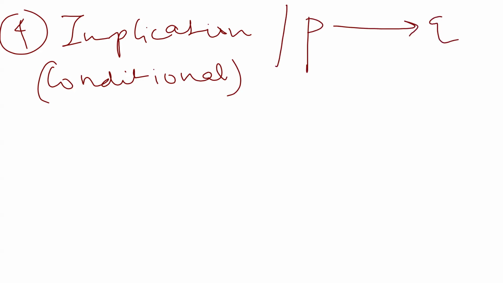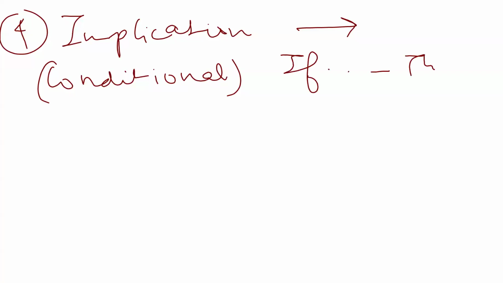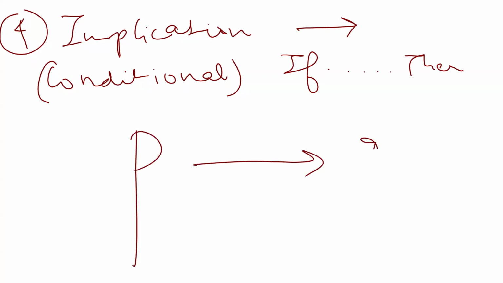And this is called P implies Q. So this is the sign for implication, one-sided arrow. Meaning, if then. So when I write P arrow Q, the meaning of this is if P then Q.